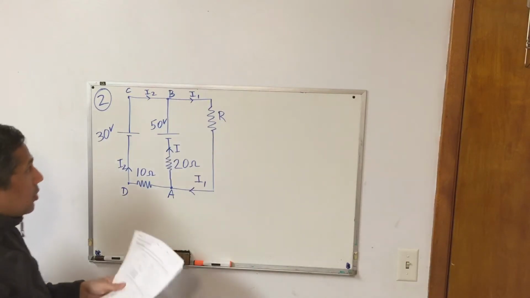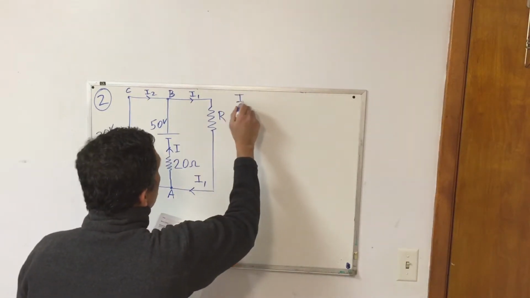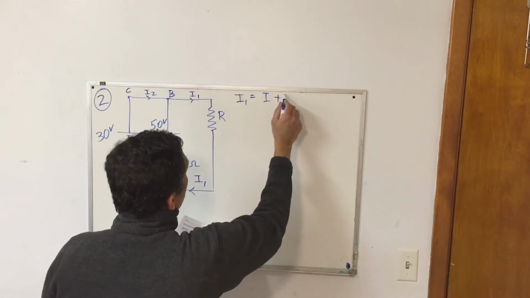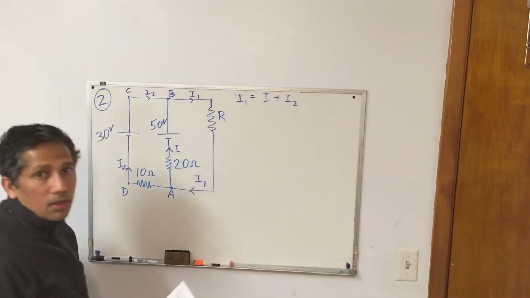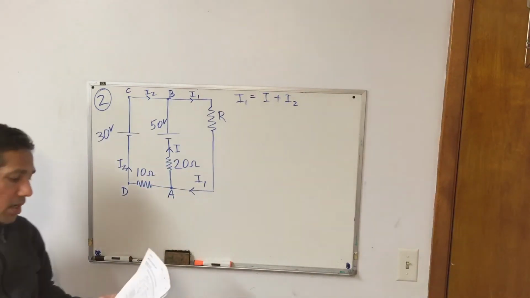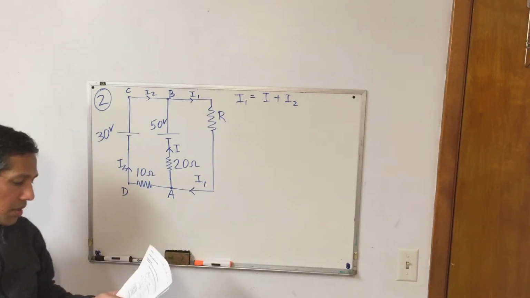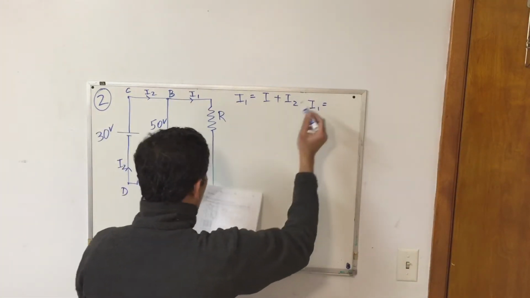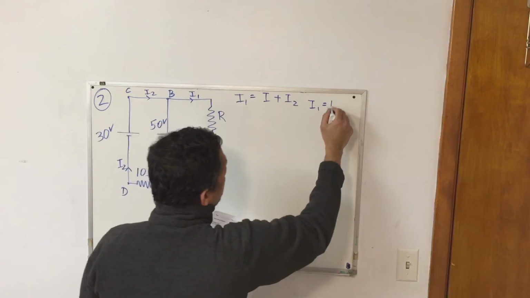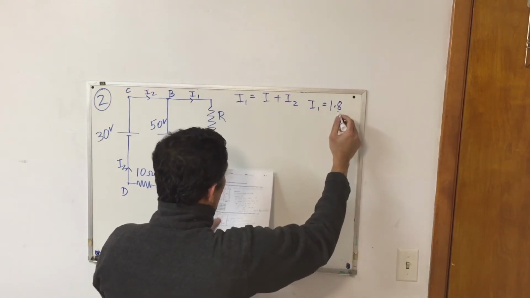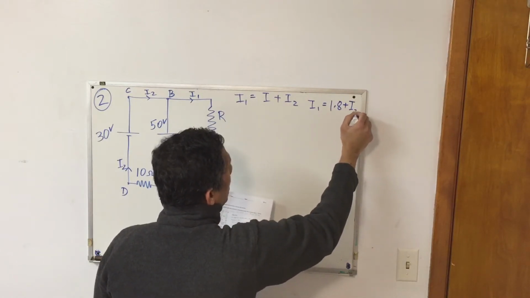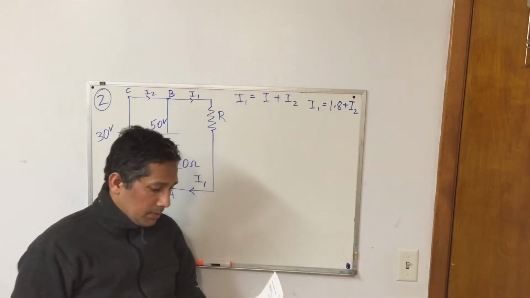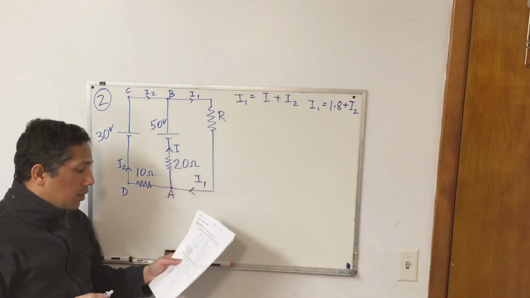According to Kirchhoff's law, I1 should be equal to I plus I2. Whatever current comes in must be equal to the current that goes out. Another way of writing the same thing is that I1 equals 1.8 amperes plus I2. I'm suppressing the units just so it is not confusing, but everything is in standard units.